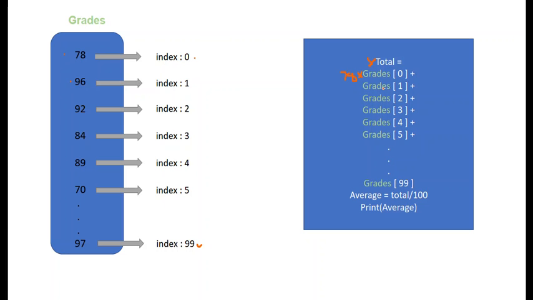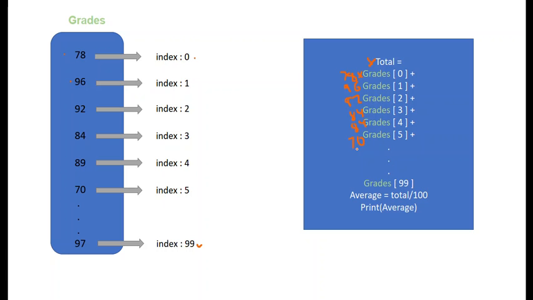Now we reference the second element in the list, which is 96. How? By specifying the list name grades and square brackets and the index number, which is 1. So grades of 1 will be evaluated to 96. We keep doing that. Grades of 2 is 92, 84, 89, 70.